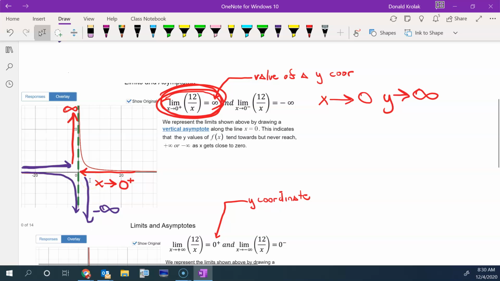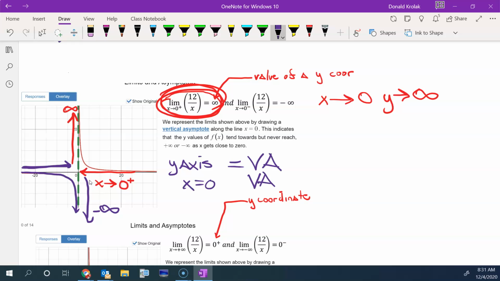Now, when that happens on a graph, there's something making that happen, bending that graph like that, and that thing is a vertical asymptote. In this case, the y-axis, or x equals 0, is the vertical asymptote.